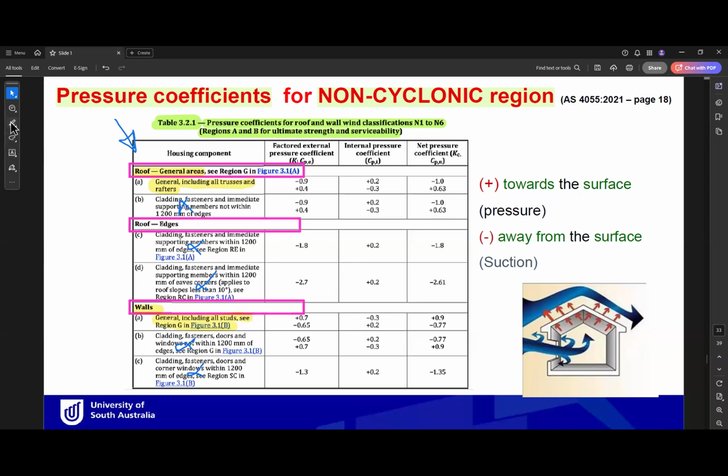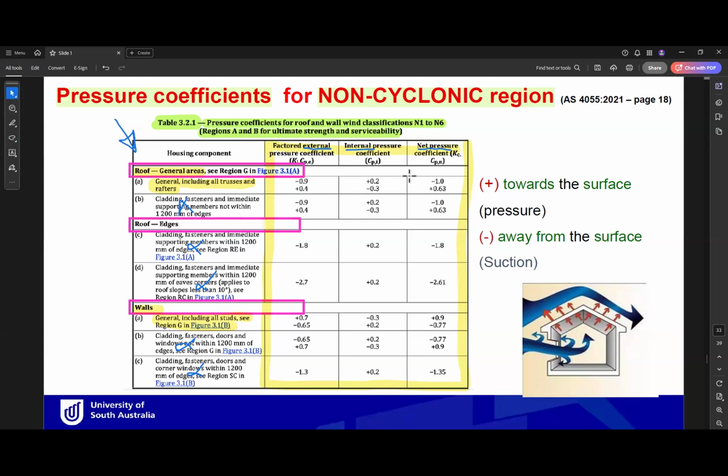Now, if we look at the remainder of the table, the parameters themselves, as you can see in this part of the table here, we have three types of parameter: external pressure coefficient, internal pressure coefficient, and net pressure coefficient.